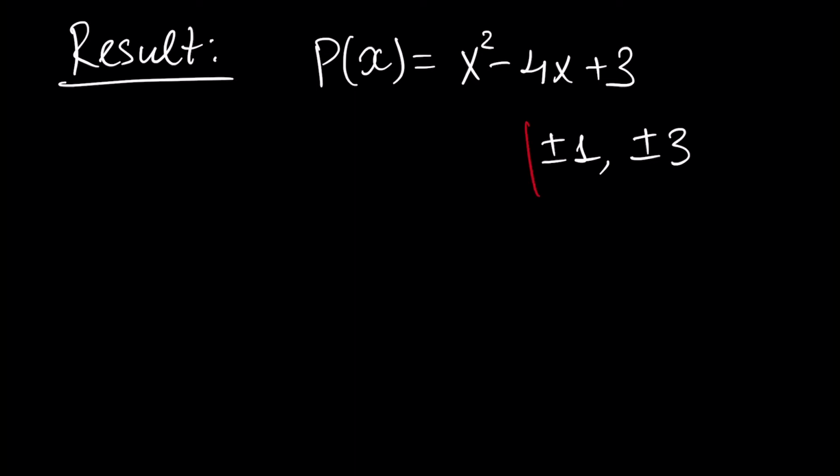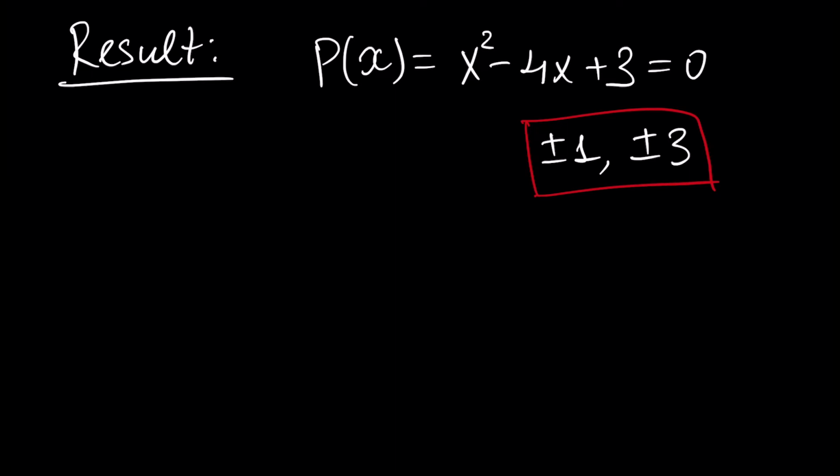And we can search the root of our polynomial, of our equation x squared minus 4x plus 3 equal to 0, among these 4 numbers, plus minus 1 and plus minus 3. Of course, we assume that roots of our equation are integer.